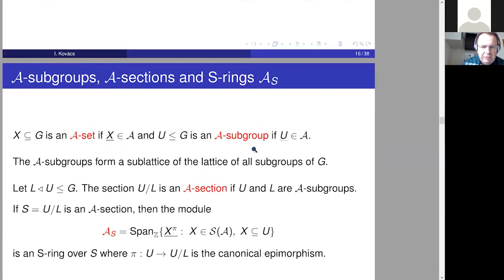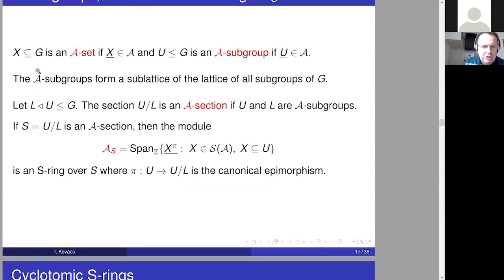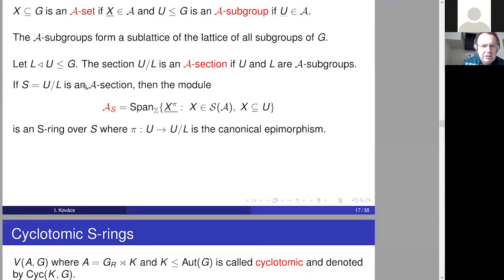There is some terminology for S-rings. We say a subset is an A-set if the corresponding group ring element belongs to the ring, and the same for a subgroup: a subgroup is an A-subgroup if it is an A-set. The A-subgroups form a sublattice of the lattice of all subgroups, and you can also introduce sections.